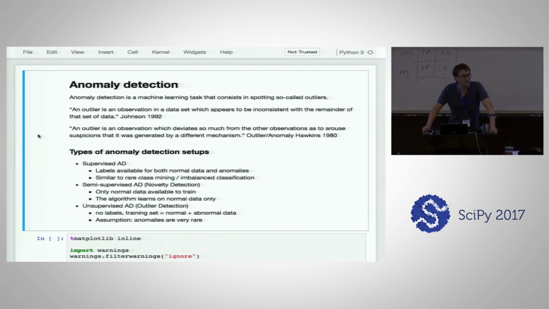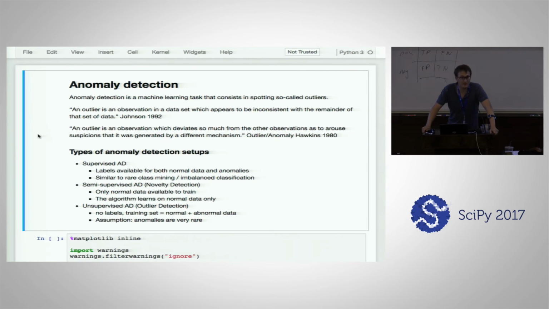We'll try to see afterwards, in terms of stats and quantified metrics, how we can translate this to something that a computer can actually optimize or find. And the other one is: an outlier is an observation which deviates so much from the other observations as to arouse suspicions that it was generated by a different mechanism. The other mechanisms can be sensors getting bad or too old, or your operator just falling asleep.